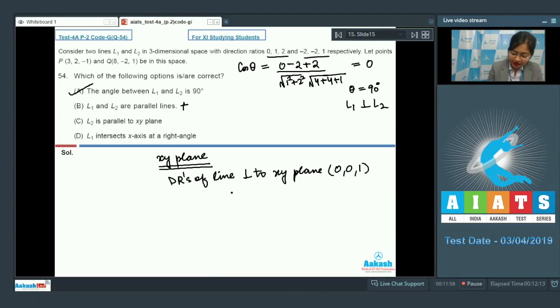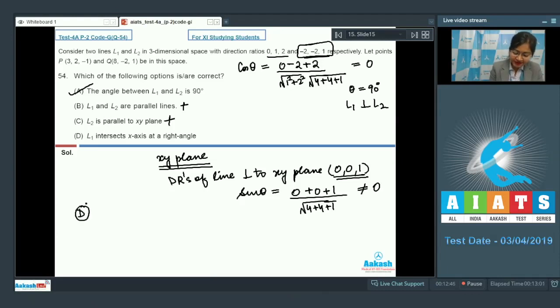If I find the angle between them, that will be sine theta equal to, this multiplied with L2, that is -2 into 0, 0, -2 into 0, again 0, and 1 into 1, that is 1, upon under root of 4 plus 4 plus 1. This is not equal to 0, which means that theta is not equal to 0 degrees. That means that L2 is not parallel to XY plane. So this option is incorrect.